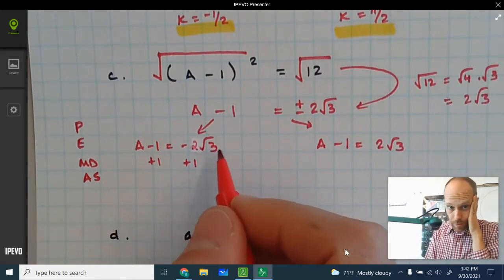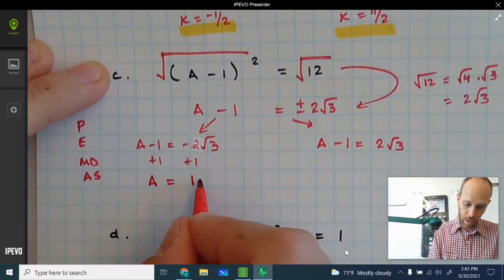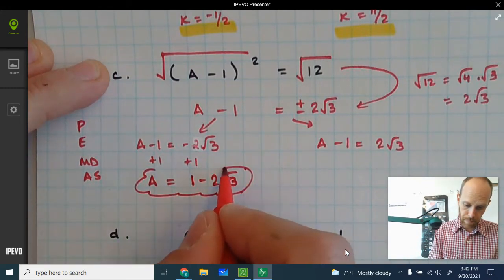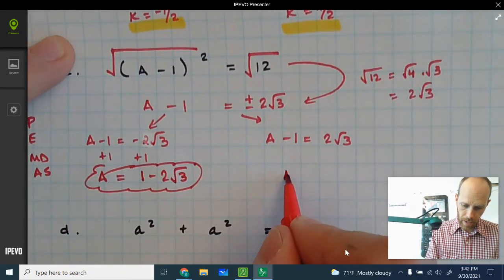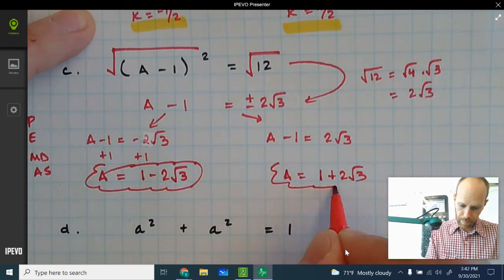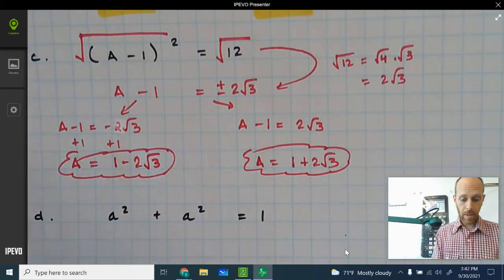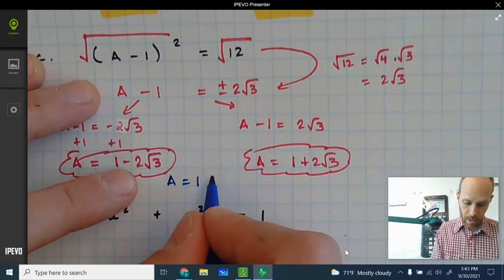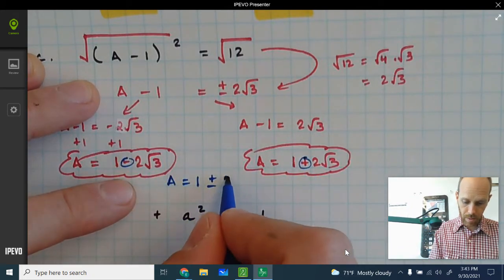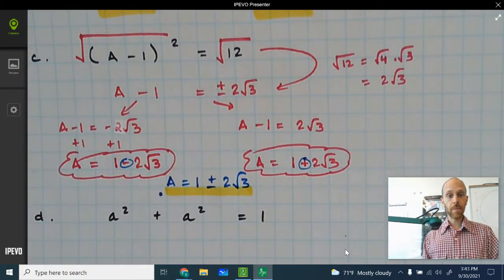Since I don't know what 2 roots of 3 is, and I'm just going to leave it that way, it means that our best possible answer looks like this. 1 minus 2 roots of 3. On the other side, we get a is equal to 1 plus 2 roots of 3. If you're feeling lazy, you could simply write your answer this way. You could say a is equal to 1 plus or minus 2 roots of 3. And that is just as good.